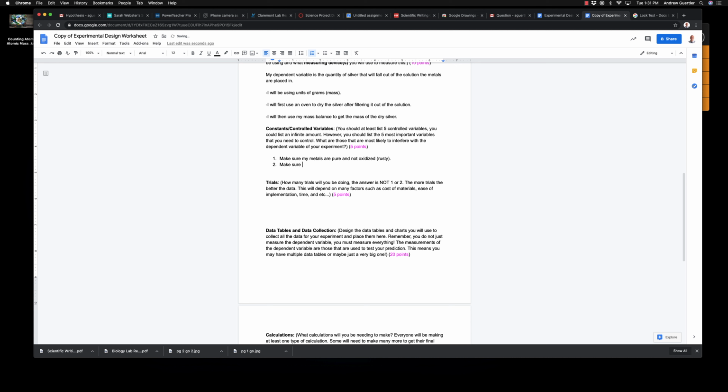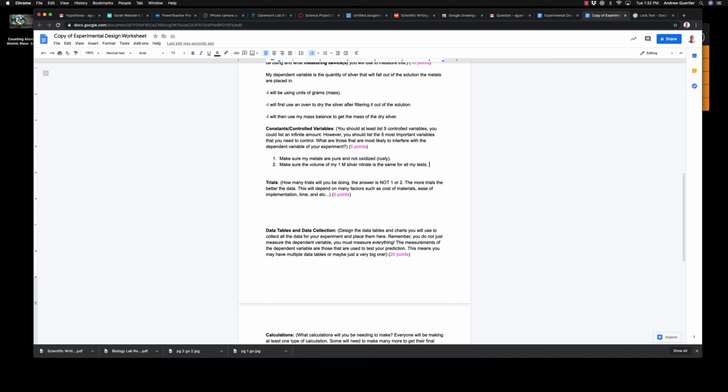I'm going to make sure the volume of my 1 molar silver nitrate is the same for all my tests. Since the amount of silver nitrate that is in the solution, the mixture, is the same, I still have to use the same volume, otherwise each metal will be exposed to more or less silver nitrate if the volumes are different.